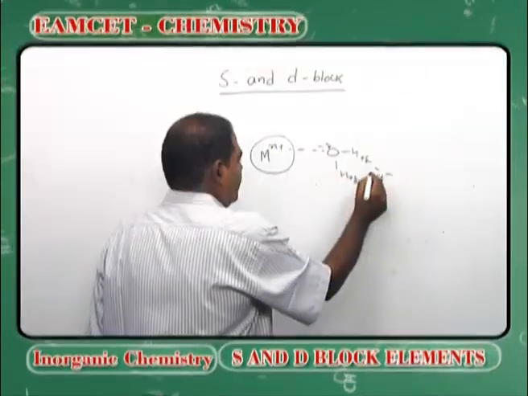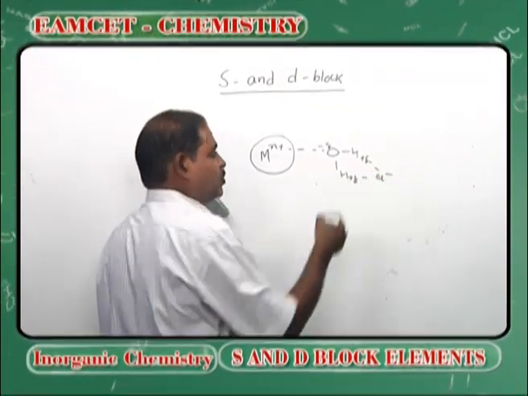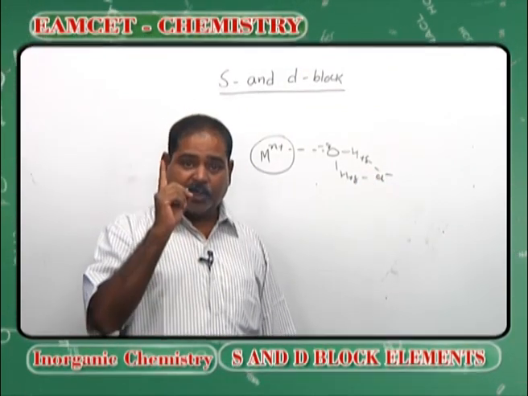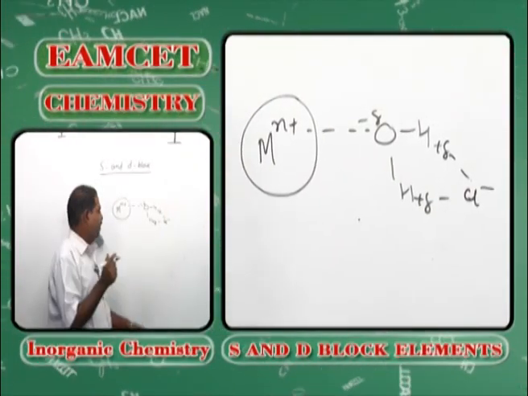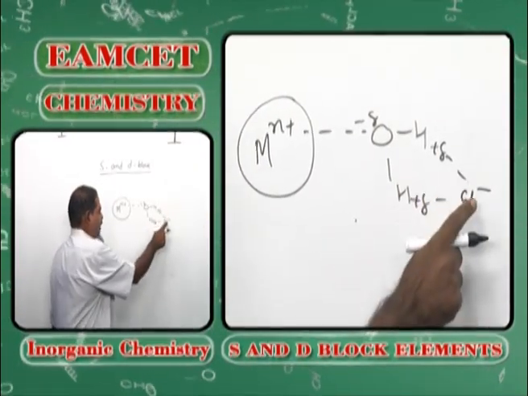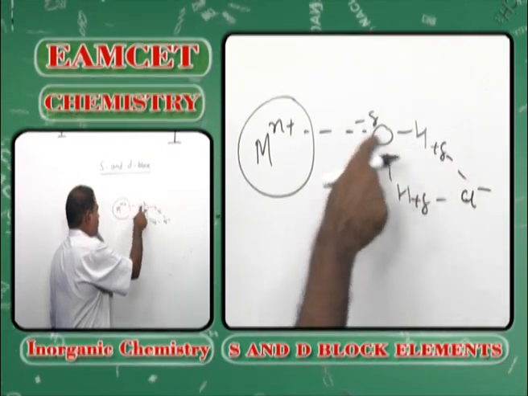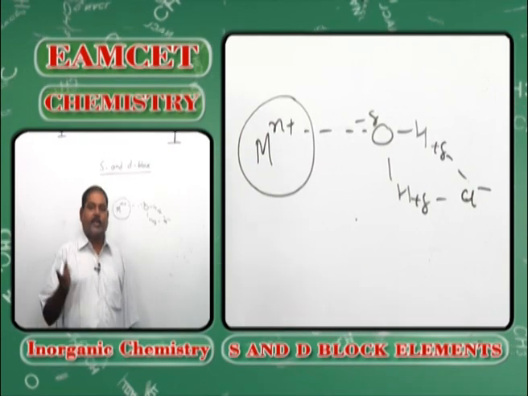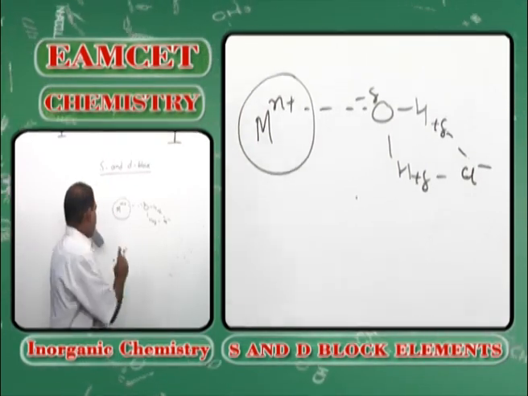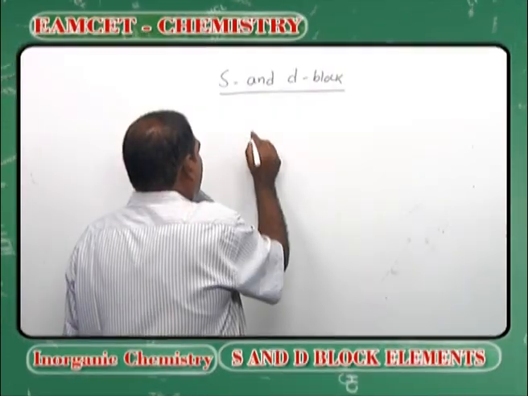Even chloride anions get hydrated. What is hydration? Interaction between ions and the partial charges of water. So both anions and cations get hydrated, and small ions are more hydrated.